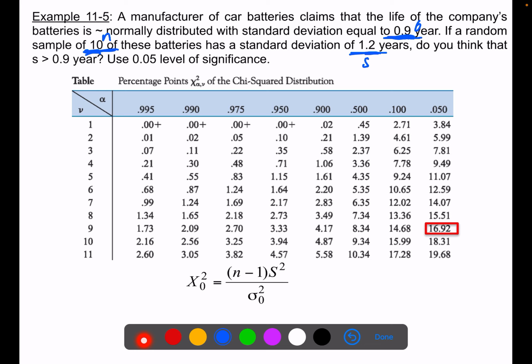So do we trust the company, or do we say that sigma is actually more than 0.9? So the null hypothesis would be sigma is equal to 0.9, and the alternative hypothesis will be sigma is more than 0.9.